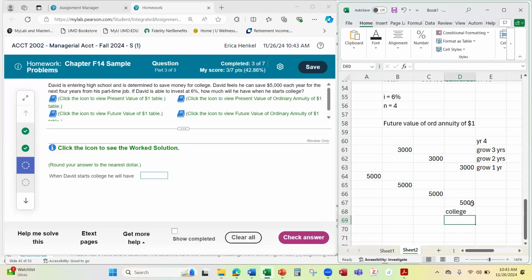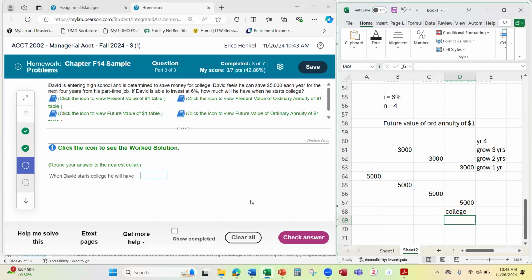So this last one, if it's deposited at the end of the year, will actually not have any growth because he's going to be using that potentially right away. Because we want to know, what is this going to be worth when he starts college here? So this one will grow for 1 year, 2 years, and 3 years.